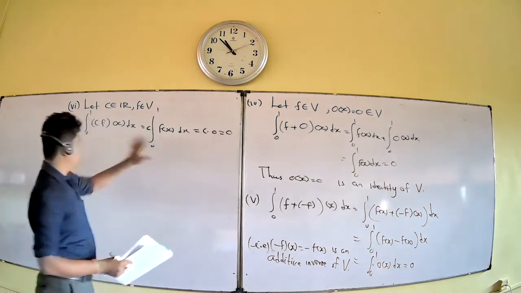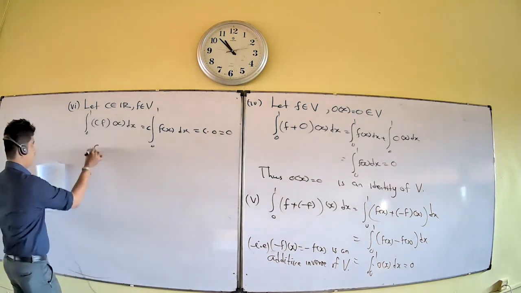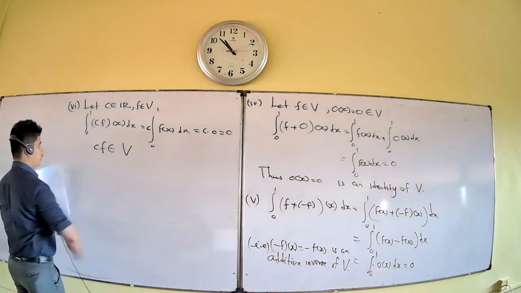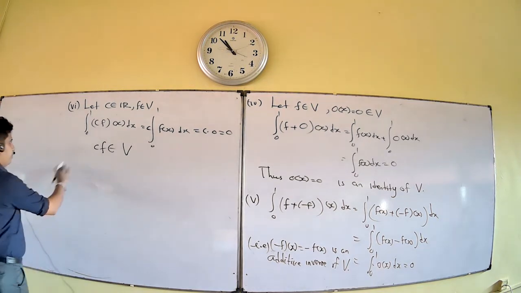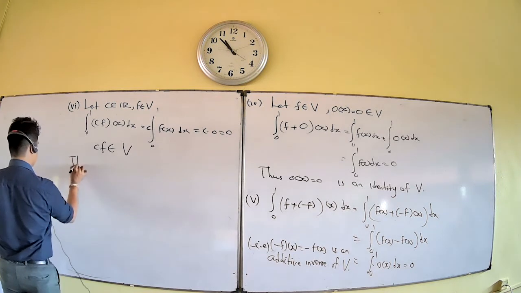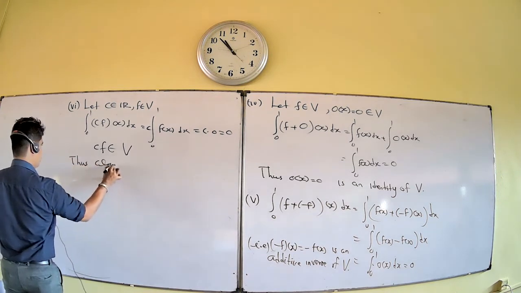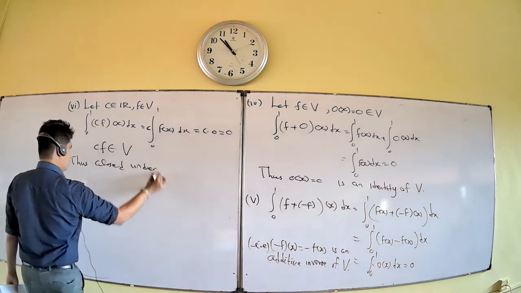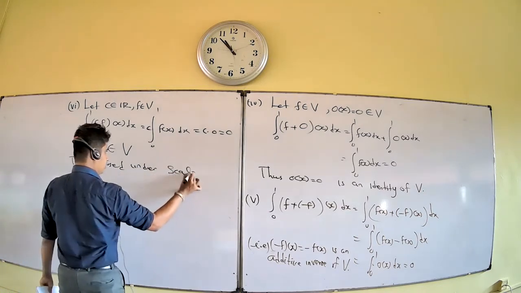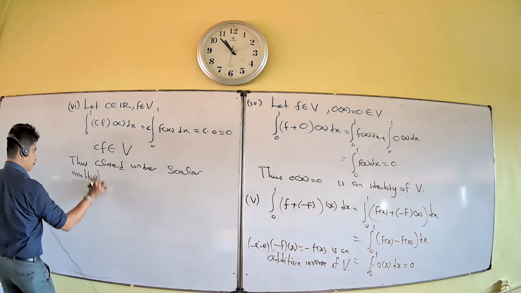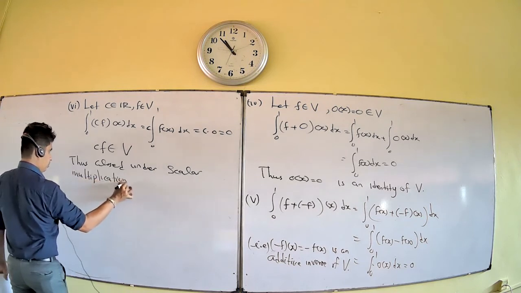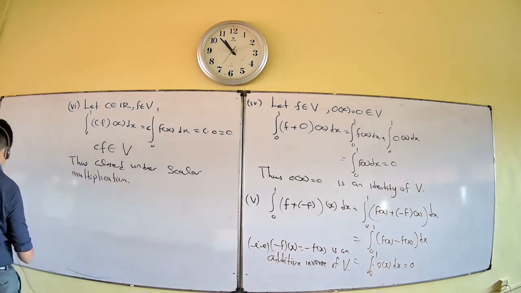Therefore this one satisfies this condition. Therefore cf belongs to B. Thus it is closed under scalar multiplication.